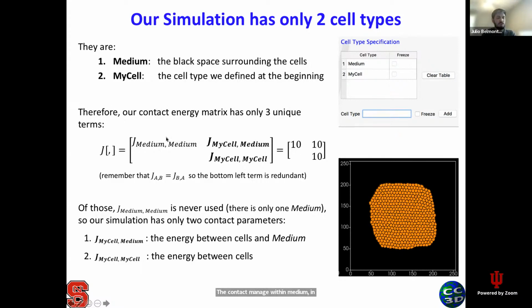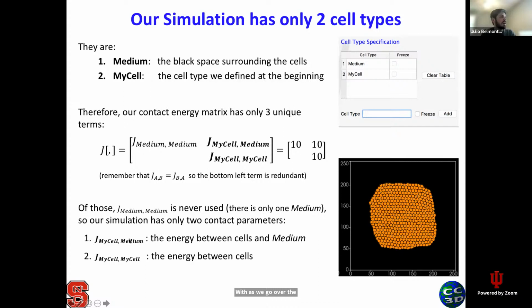Of course, because you only have a single medium, that first term here is never used. So the only 2 effective contact energies in your simulation are between cells and medium, and between the cells. Okay, so these are the 2 parameters that we'll be playing with as we go over the simulations.